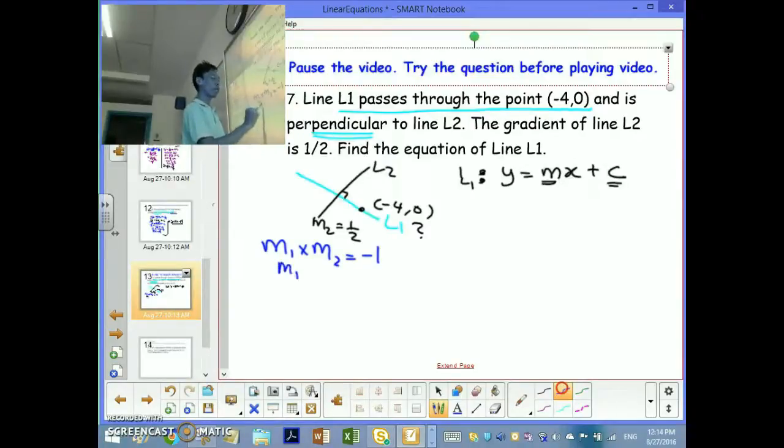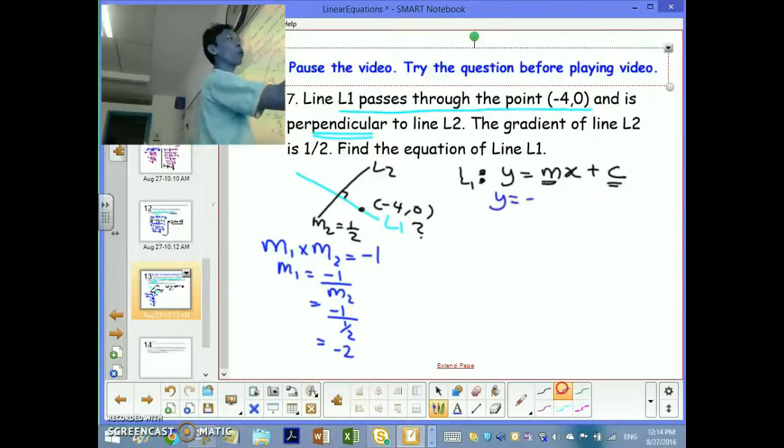So m1 is negative 1 over m2, right? And the gradient of the second line is given as half. So negative 1 over half, which is negative 2. So that's good. So now I have y equal to negative 2x plus c.